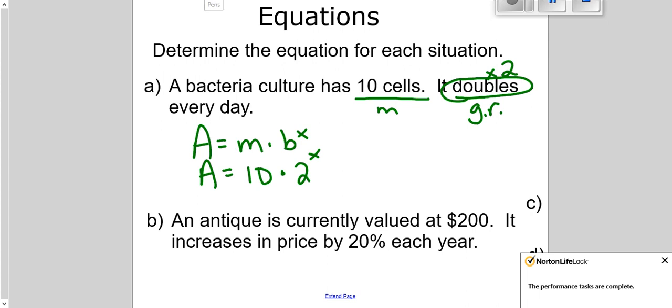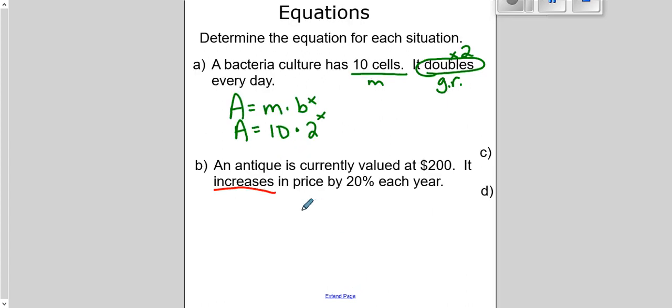Okay, so an antique is currently valued at $200. It increases in price by 20% each year. Okay, so these ones that talk about increasing rate or decreasing rate, we have to think about it a little bit.